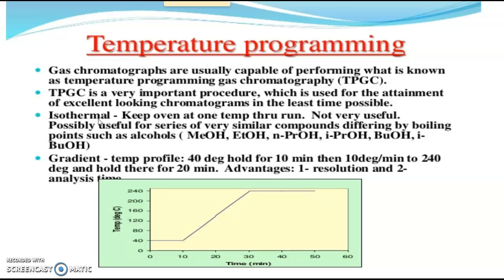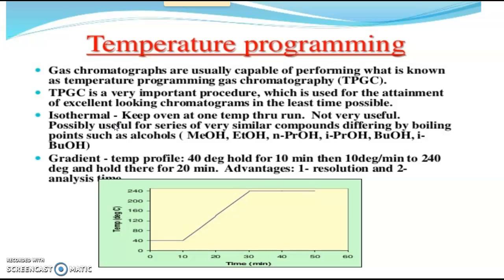Isothermal means keeping the oven at one temperature throughout the run. Not very useful. So throughout the process we are not maintaining the same temperature.